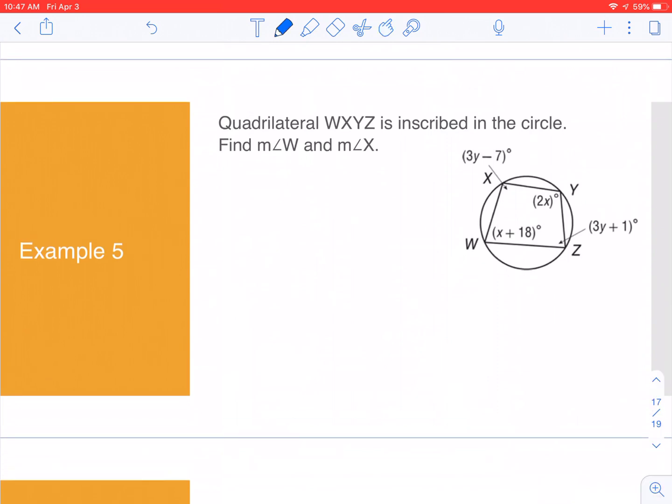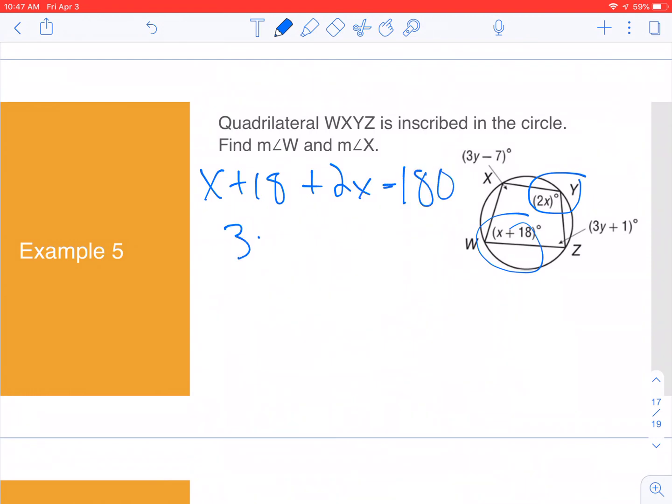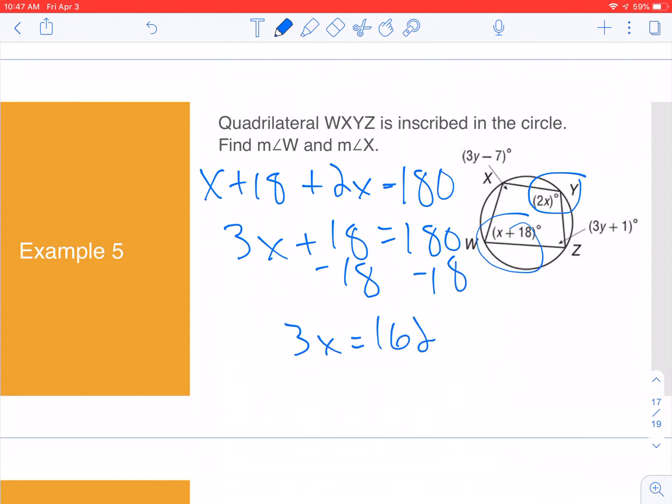Okay, so we know that the opposites are going to add up to 180. I'm just going to do one of these just to show it to you. X plus 18 plus 2x equals 180. 3x plus 18 equals 180. Subtract 18. 3x equals 162.